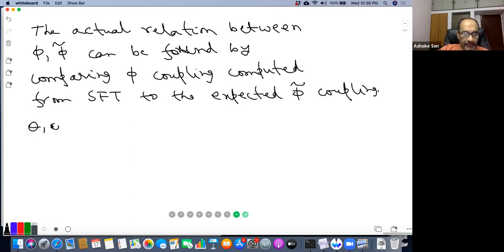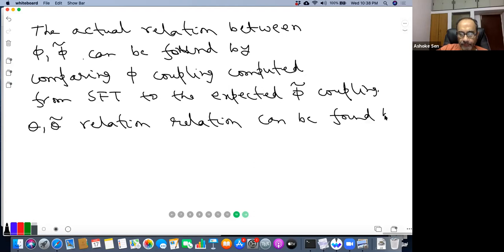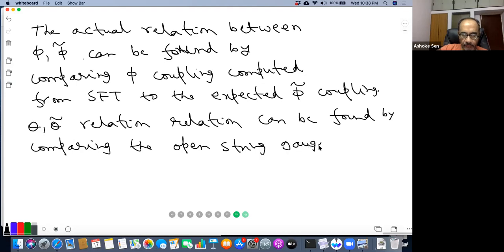Similarly, the theta tilde relation can be found by comparing the open string gauge transformation law, and here you have to go to the nonlinear level.